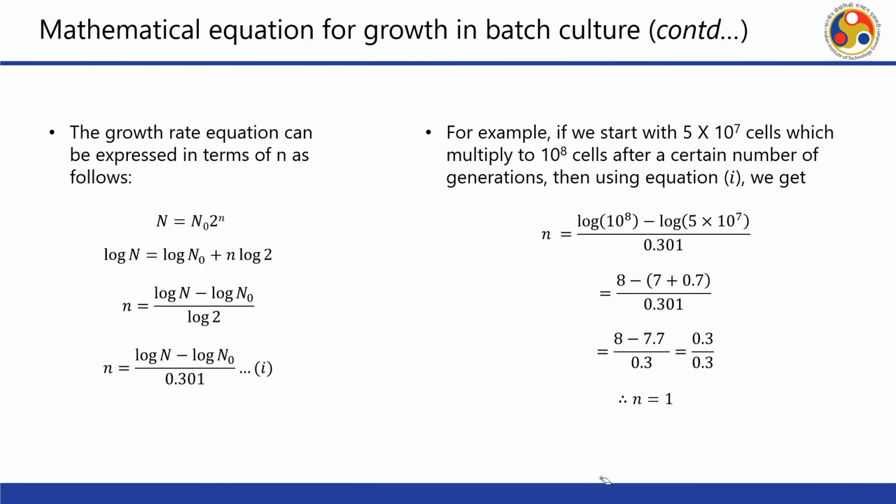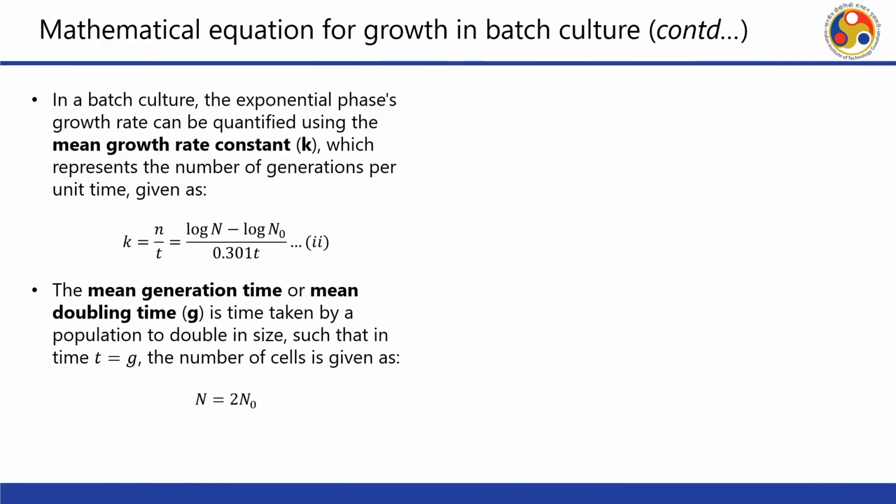So, for any starting population, we can calculate the expected population if the number of generations is given, or we can calculate the number of generations required to reach a desired number of cells by using this simple equation.